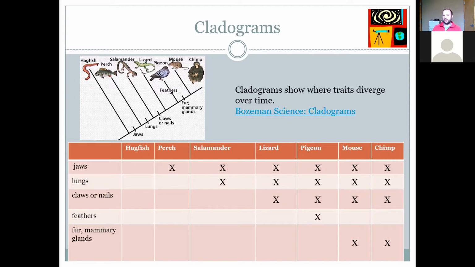And then finally, you have animals, mammals, right? So again, it doesn't matter what mammal we're talking about, any mammal here, right? Chimpanzee. They have, again, fur, which is helpful for insulating, right? But they're also mammals, meaning they are warm-blooded.